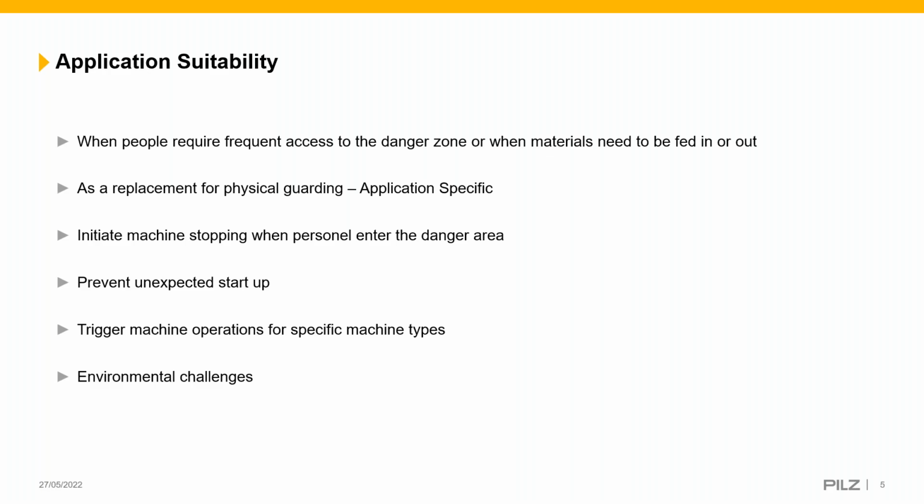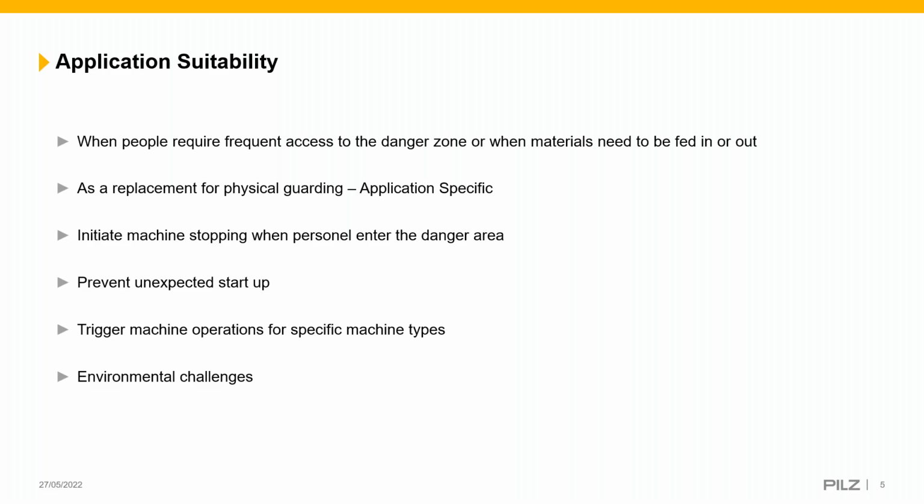And if you can do that without that extra time of opening and closing, then accumulatively over a long period of time, you will have higher machine availability and more productivity. But it is application specific, and you have to go through some considerations and assessments, which we'll come on to a little bit more later, to make sure that it is suitable for the application.